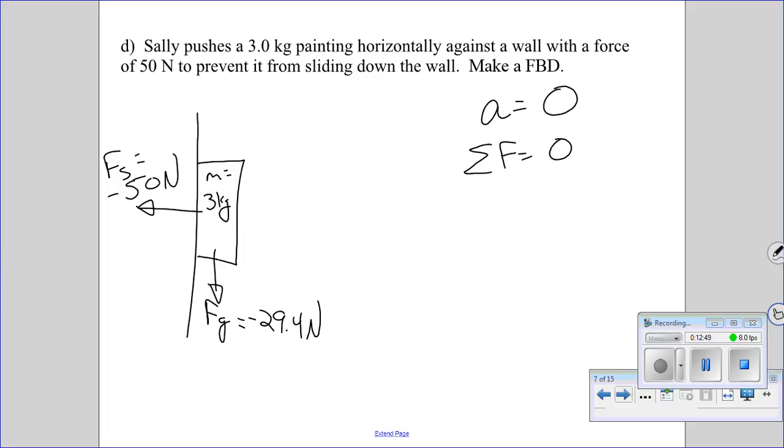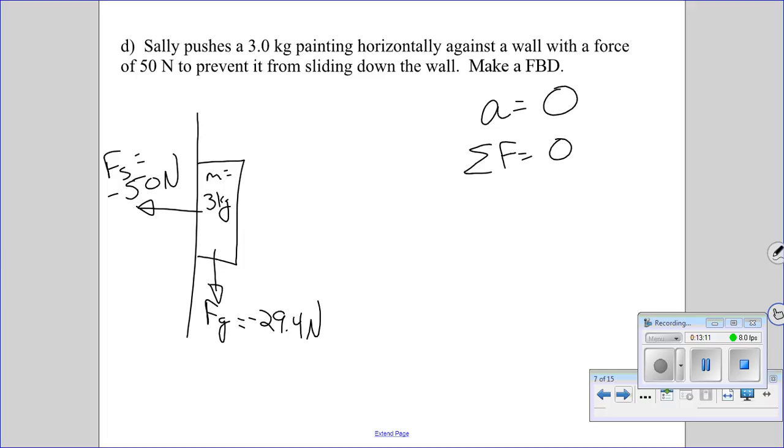So let's think about what's going on. I'm gonna push you a minute here, Connor. All right, so here's the deal, right? We can see gravity's pulling the picture down, and Sally is pushing it against the wall. Something is preventing the painting from going that way. The wall, right?